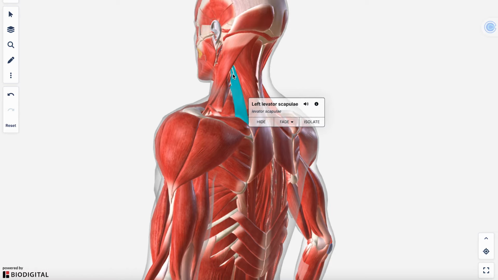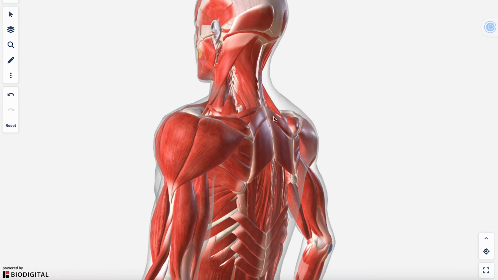So it's attaching to your cervical vertebrae. And because of that, it does help to downwardly rotate the scap. It can also help to elevate the scap along with the trapezius muscle. And those are the main actions. If your scap is stable, then yes, it can have some action and contribute to some motion of the cervical spine. But for the most part, we commonly think of it as acting on the scapula itself.